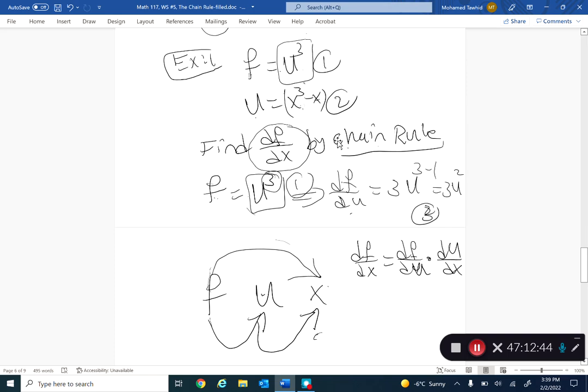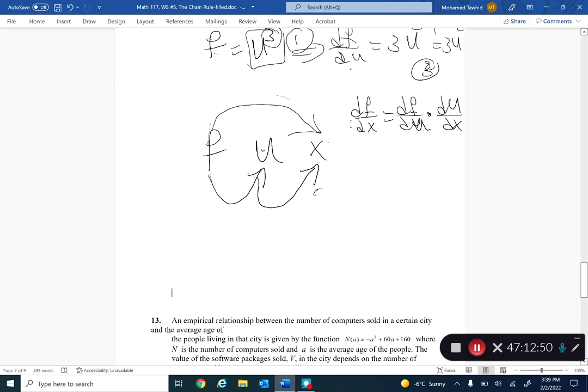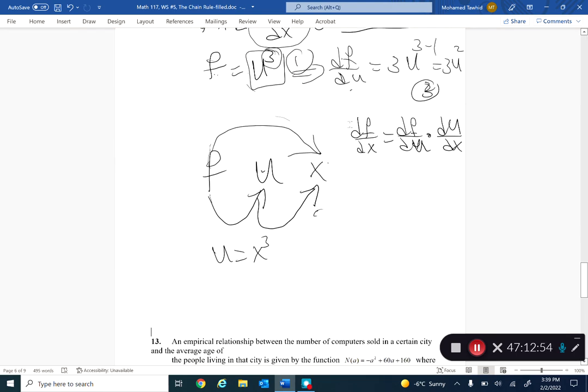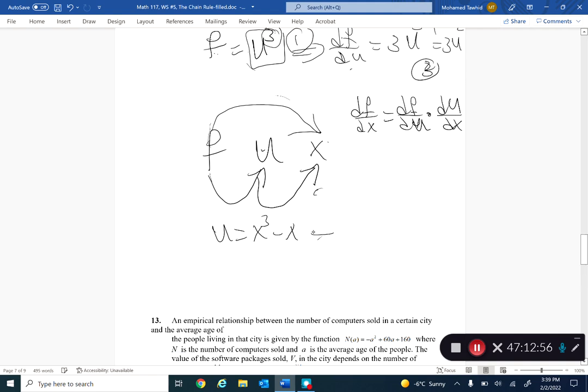Now, what is u? Equation number 2: u is a function in x. Then it's easy, if u equals x cubed minus x, to take the derivative of u with respect to x. Why is it easy? Because u is a function in x, just a normal derivative.